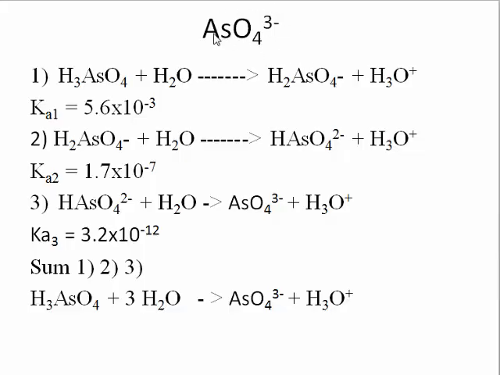I will present briefly here another way of solving for the concentration of this species. Here I have written the equations for the successive 3 dissociations of this acid, each with their respective Ka values. Note that if you sum these 3 reactions, you get the acid plus 3 waters goes to AsO4 3 minus plus 3 hydroniums.